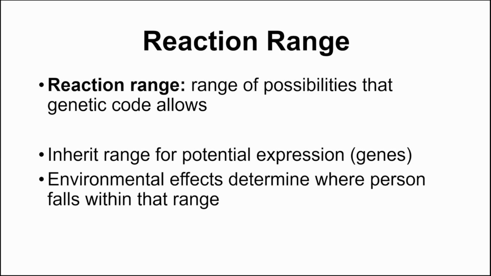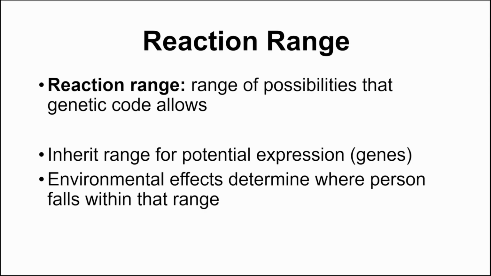All right, so what does that look like in practice? One of the concepts related to this is something called a reaction range. Now, a reaction range basically says that our genes are going to set out a range of possibilities. So we have a predisposition. We're going to be in this ballpark. So we inherit a range of potential expression. Our genes, our genotype, sets up a bunch of different possible phenotypes.